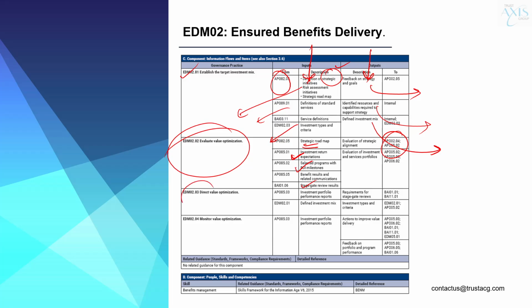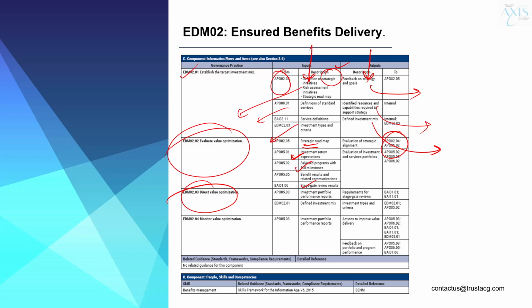The third practice that we discussed as well was around directing the value optimization. So this is where your leadership provides direction on how to maximize the value across the portfolio, and your inputs are collected from your investment portfolio performance reports, and basically the defined investment mix that the enterprise is leveraging.